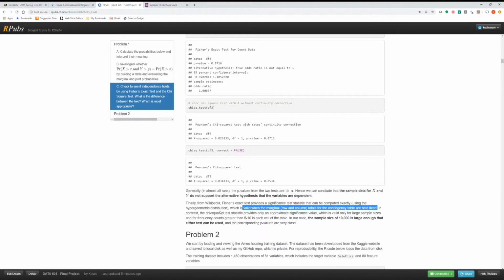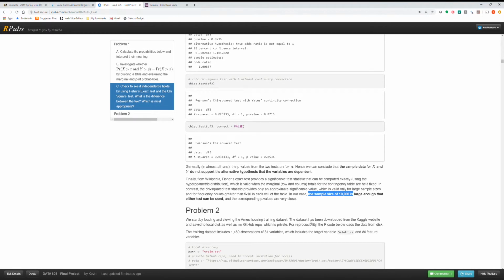In contrast, the chi-squared test is valid only as an approximation, and that approximation is valid for large sample sizes and for frequency counts greater than 5 to 10 in each cell of the table. In either case, the results are very similar in terms of the p-values, since the sample size in our case of 10,000 is extremely large for convergence of the two test results.